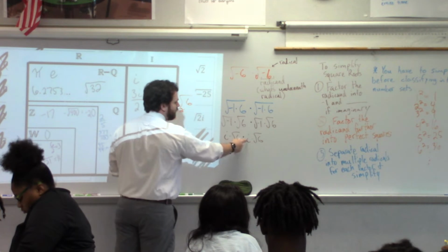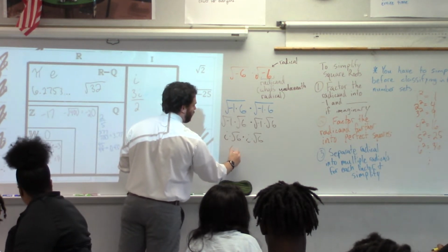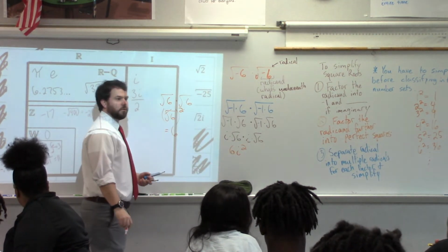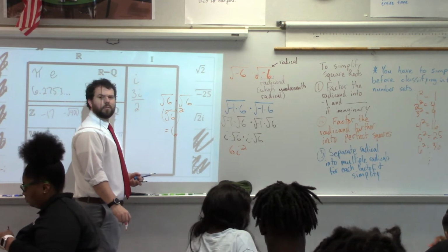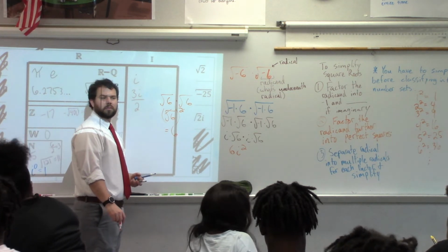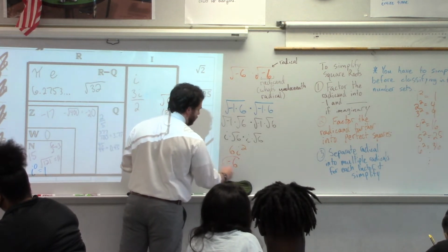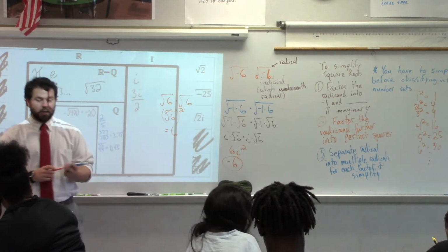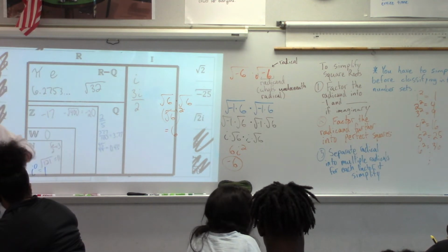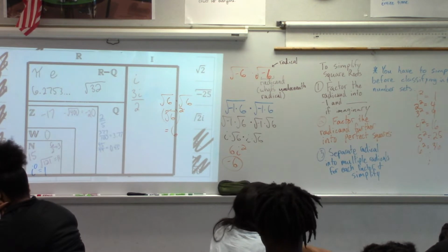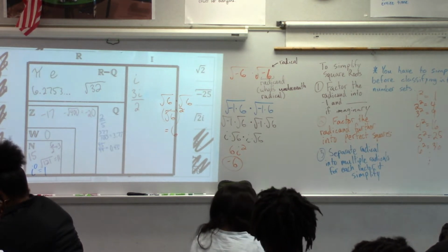And then we have I times I, which is I squared. And hey, what's I squared again? -1, right? 6 times -1 is -6. If you would type the square root of -6 times the square root of -6 into your calculator, you would have gotten -6.